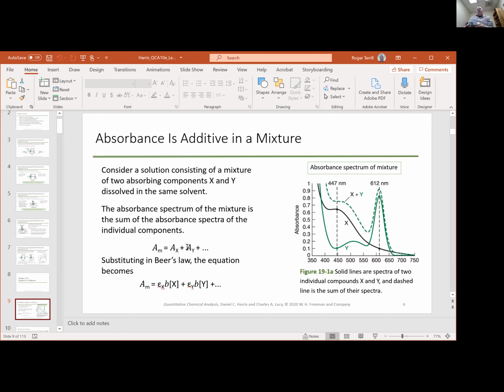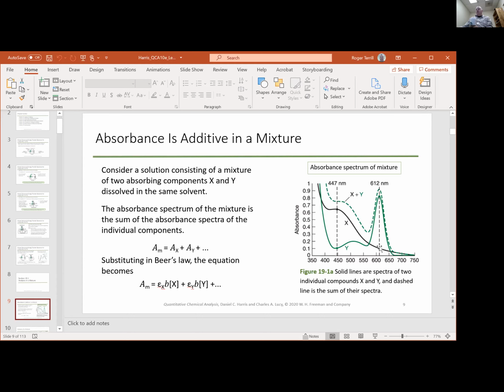Then the absorbance of the mixture will always be some function of the absorbance of X and the absorbance of Y, right? So at any wavelength you choose, you might see this dashed absorption spectrum, right?